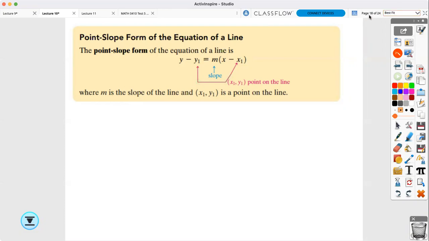All right, the point slope formula is y minus y1 equals m parentheses x minus x1, where x1, y1 is a point on the line. Where m is the slope, which we know, and x1, y1 is the point on the line. Anyone need more time to copy this down before we move on? Yes, I do.